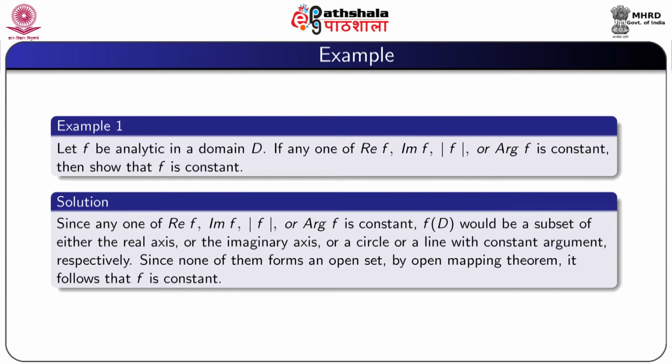So, since any one of real f, imaginary f, mod f or argument f is constant, f of D would be a subset of either the real axis or the imaginary axis or a circle or a line with constant argument respectively. Since none of them forms an open set, by open mapping theorem it follows that f is constant.